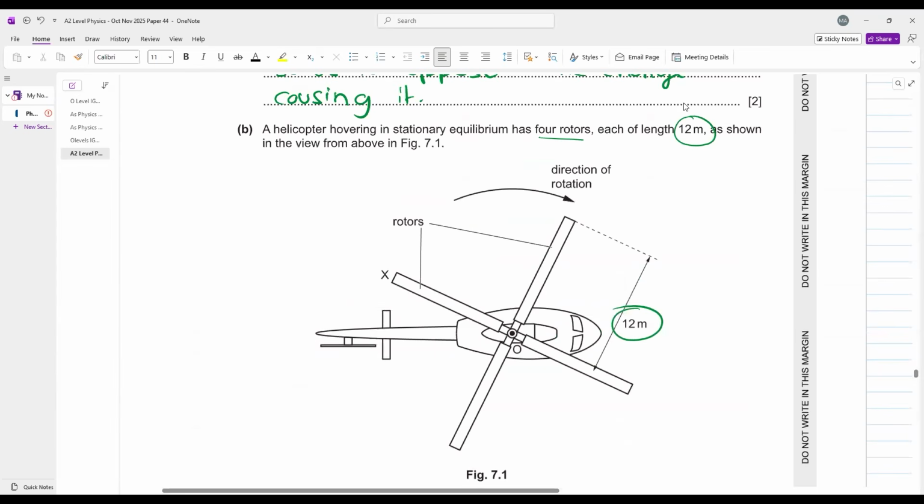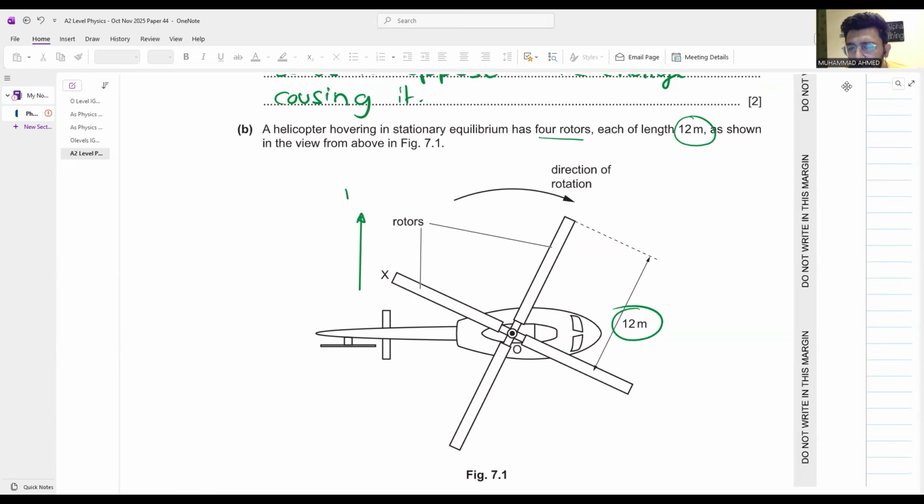Okay, I hope you guys can see me in the camera. Can you realize the rotors are being moved in the upward direction? Beta, you are applying an upward force on the rotors yourself, right?